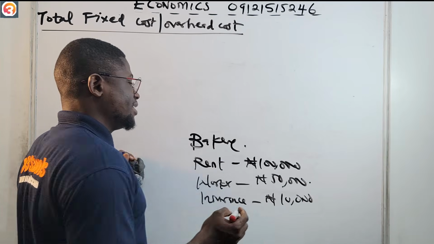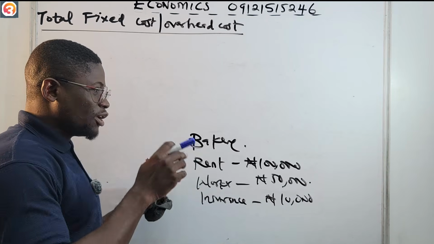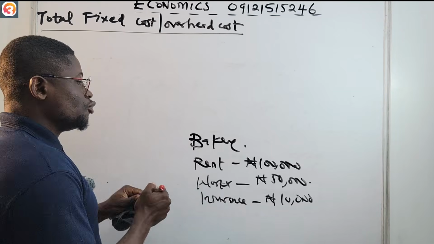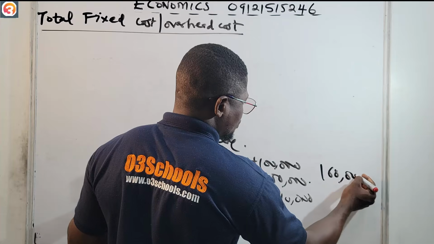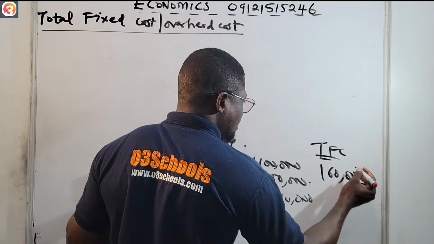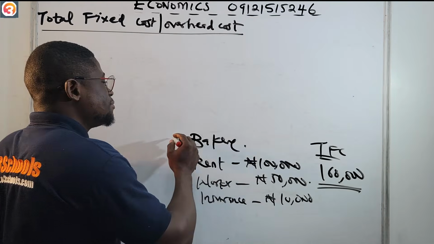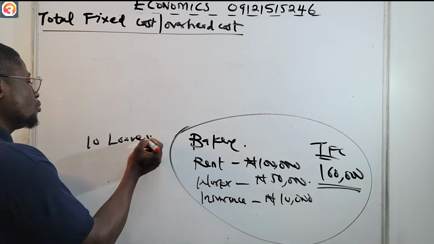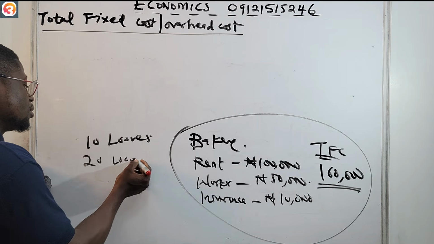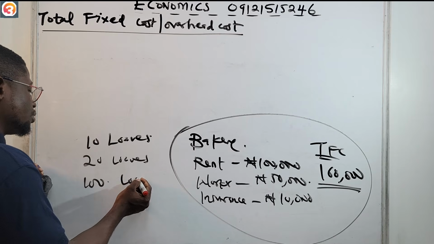If you do this, your total fixed cost will be, just add everything together, 160,000. So your total fixed cost, TFC, will be 160,000, irrespective of whether you produce 10 loaves, or 20 loaves, or 100 loaves.